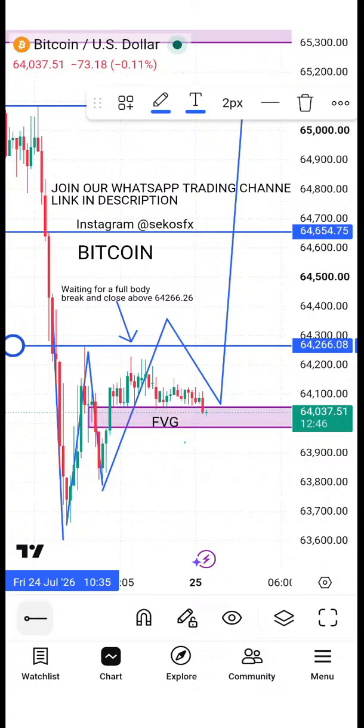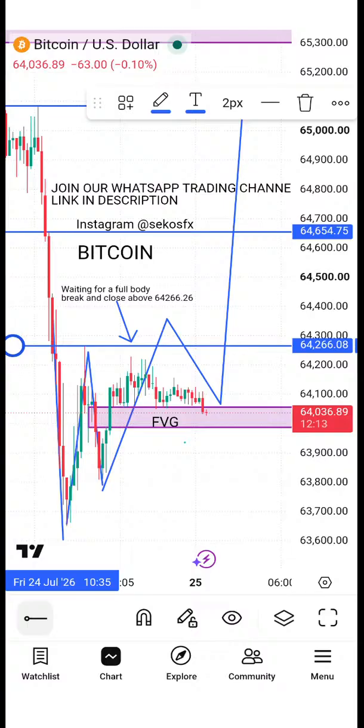Mirena, are you asking for entry point from me? Currently, I don't have entry and exit points, but still waiting for confirmation. When I get the confirmation, then yeah, I'll give the entry and exit points.